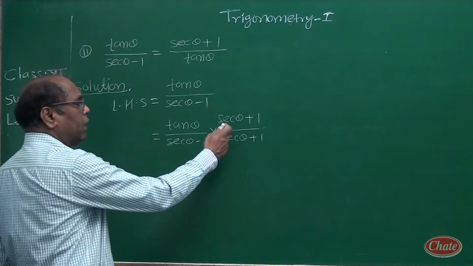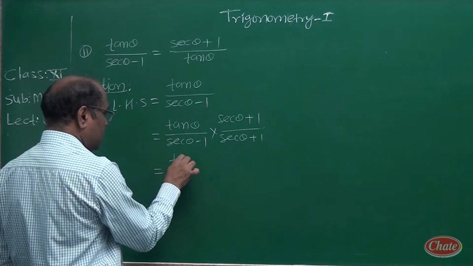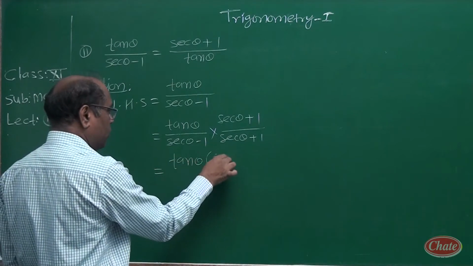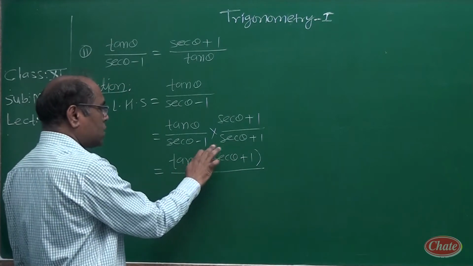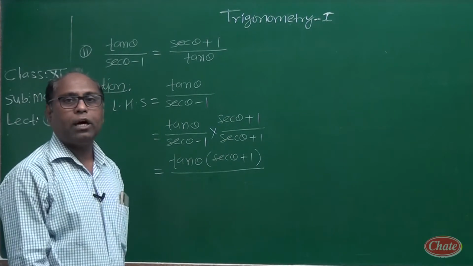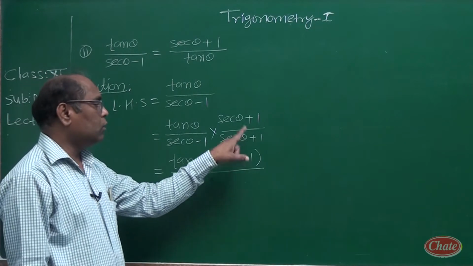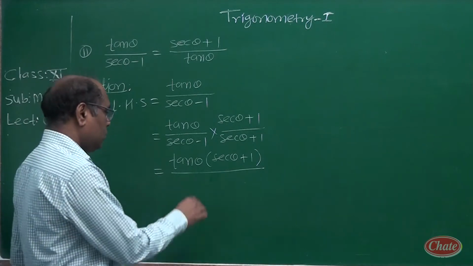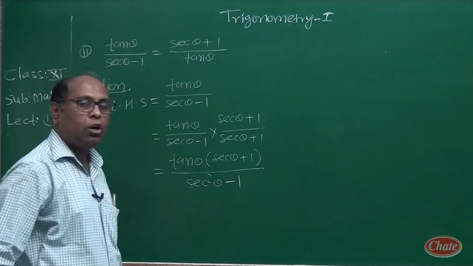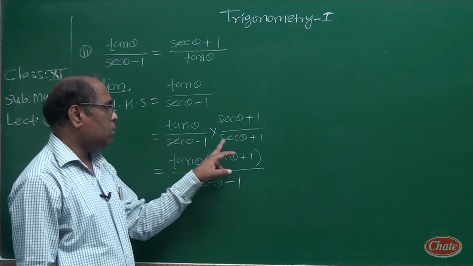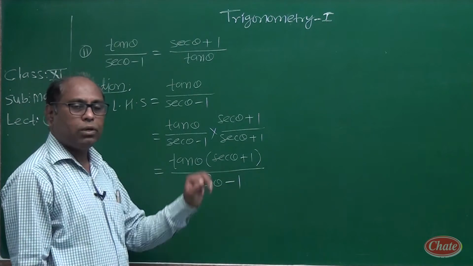So the numerator is tan theta into sec theta plus 1, divided by sec theta minus 1 into sec theta plus 1, that is a minus b, a plus b, a square minus b square, so sec square theta minus 1 square, which is 1.